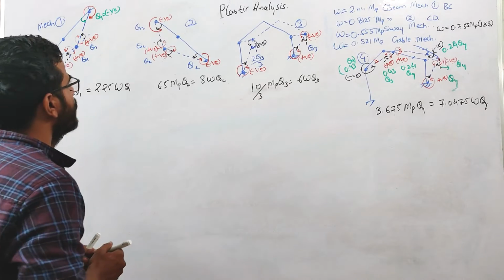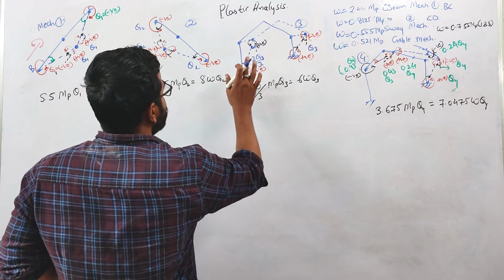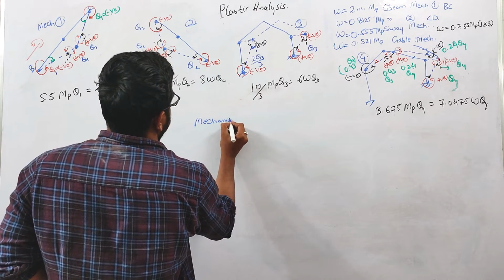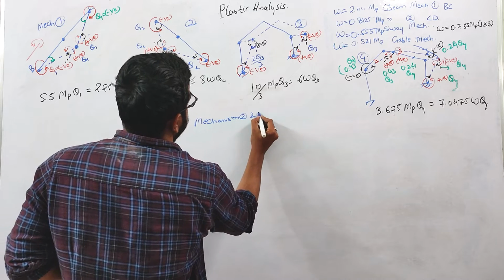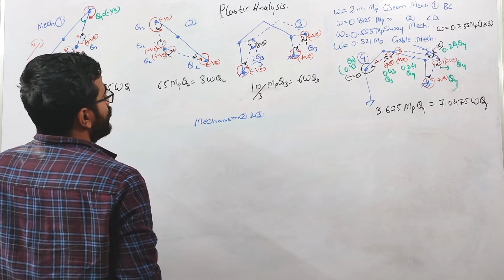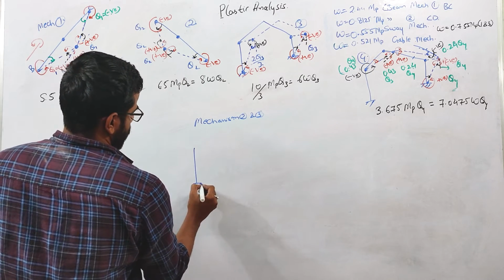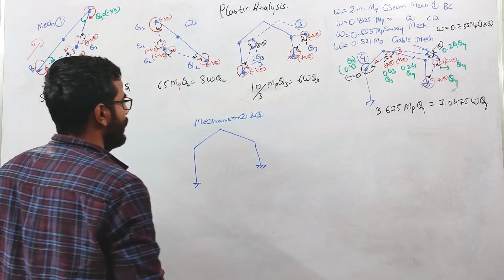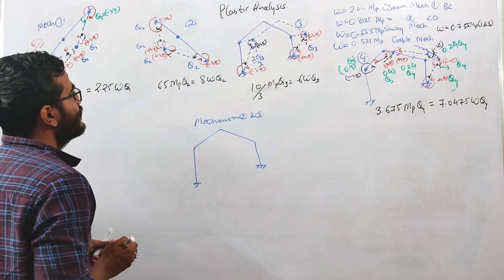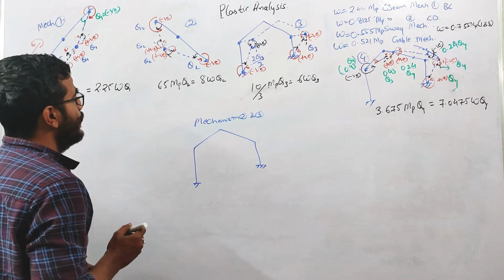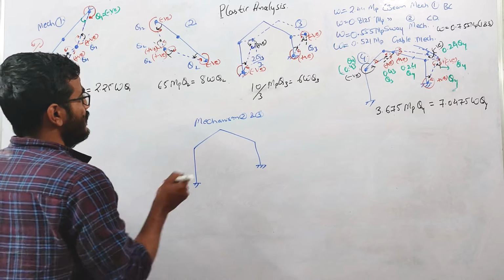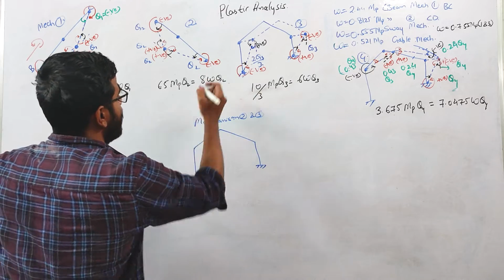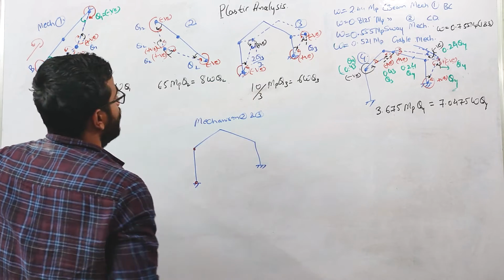Okay, why? This is our gable frame. When you combine these two mechanisms, mechanism 2 and mechanism 3, there will be a plastic hinge at this point. Similarly, a plastic hinge will be there at this point, right?